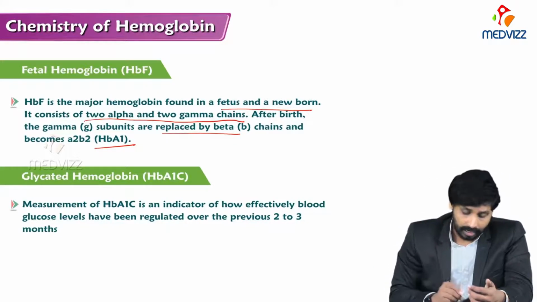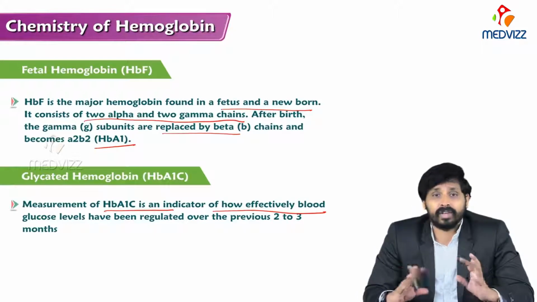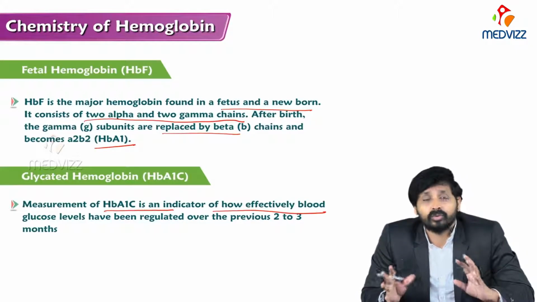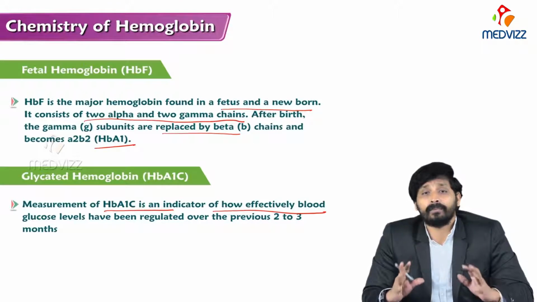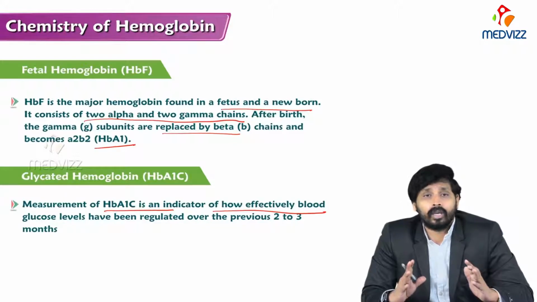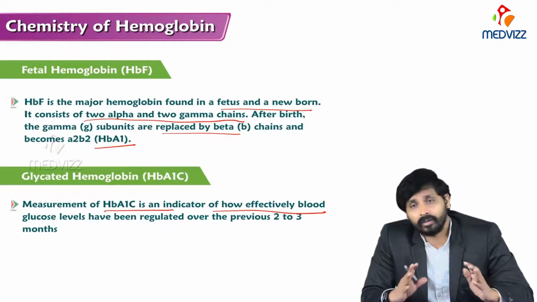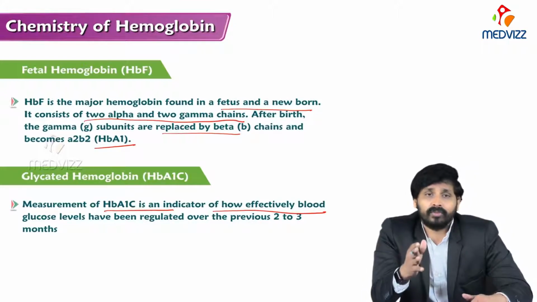Measurement of HbA1c is an indicator of how effectively blood glucose levels have been regulated over a period of 2 to 3 months. It is one of the parameters useful for better monitoring of type 2 diabetes.